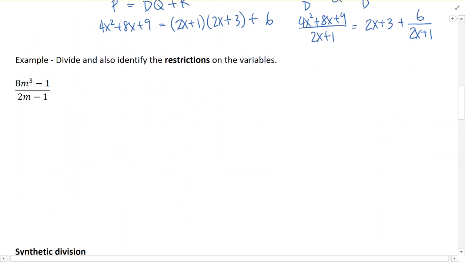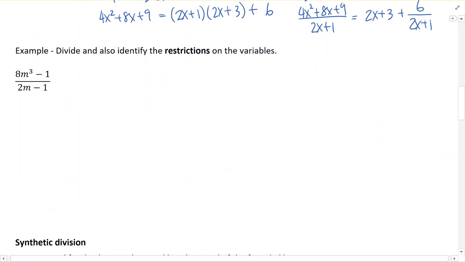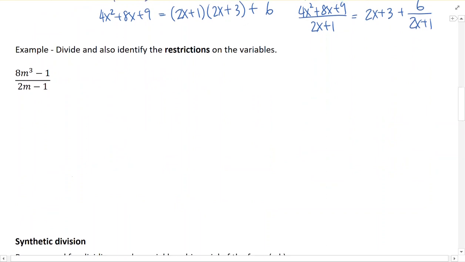So this time, divide and also identify the restrictions on the variables. So remember, when you're dividing, it's basically also like a fraction. And with fractions, the denominator, which is this bottom part, the top part, to refresh your mind, is the numerator. Anyways, the denominator cannot equal 0, or else you'll have an error.